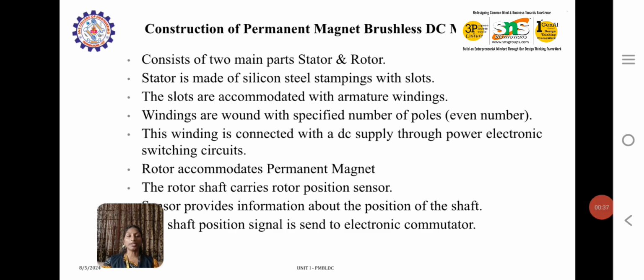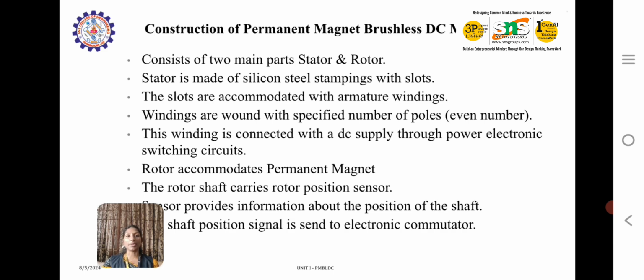Coming to the construction of the permanent magnet brushless DC motor, in the previous videos we have already discussed the types of magnets and the difference between permanent magnets and electromagnets. As in all motors, here we have two main parts, stator and rotor.